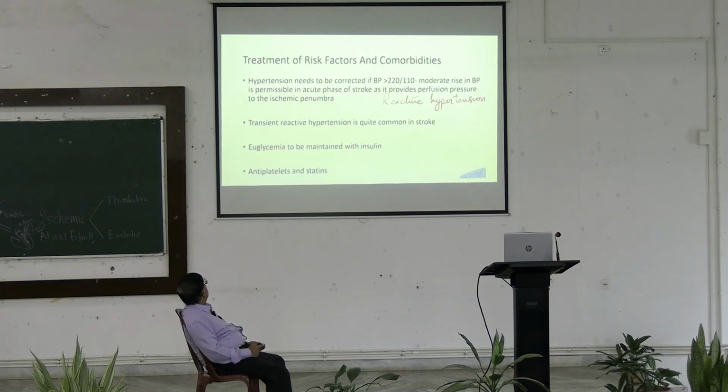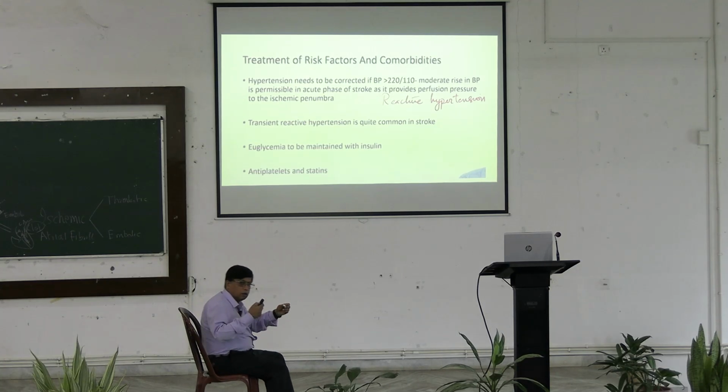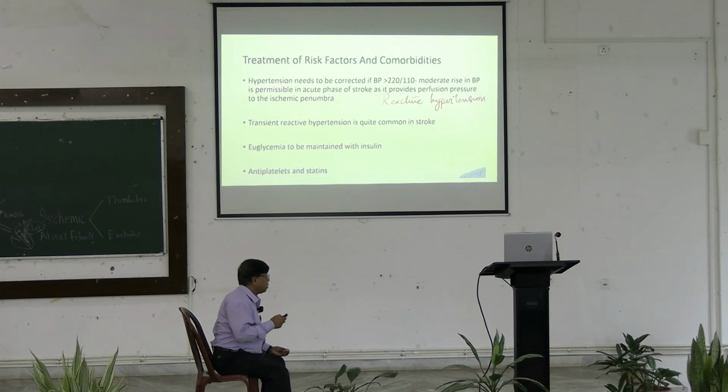Treatment of risk factors and comorbidities: I have told you hypertension you should treat, and there is another important contraindication for giving thrombolysis. I have told you the patient has come within 4.5 hours and there is no hemorrhage, but the patient should have a blood pressure less than 220 by 110, or you cannot use thrombolytic drugs.